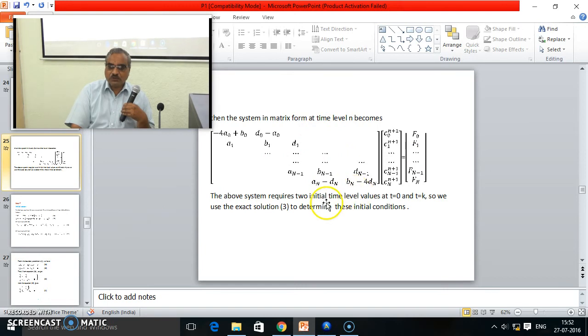The above system requires two initial level values at t equal to 0 and t equal to k. So we use the exact solution to determine these initial conditions.